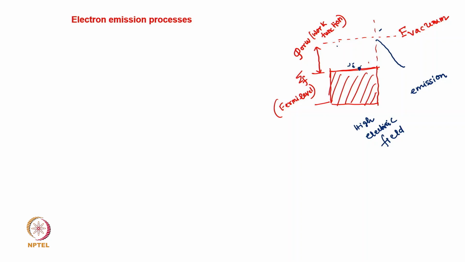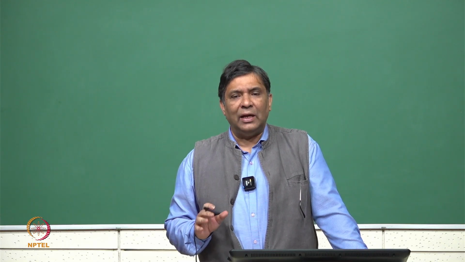Then this electron can be quantum mechanically tunneled through this barrier, and this process is known as the field emission process. So, these are three ways of generation of electrons.